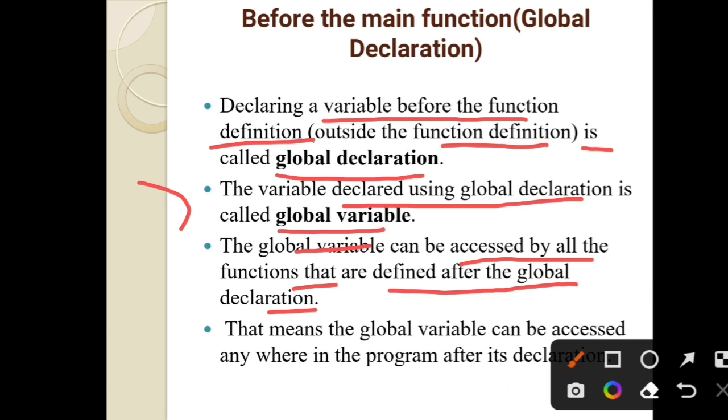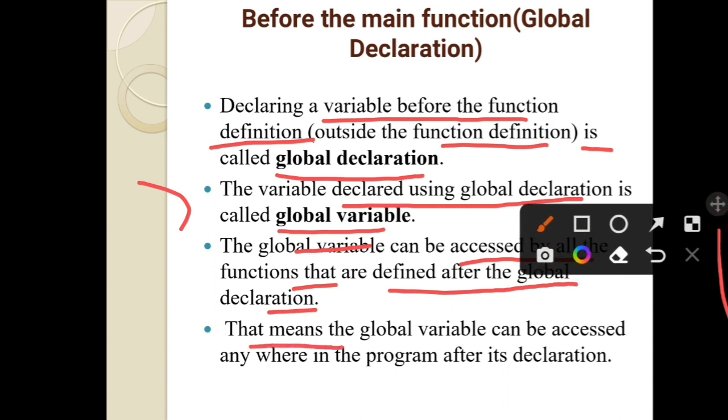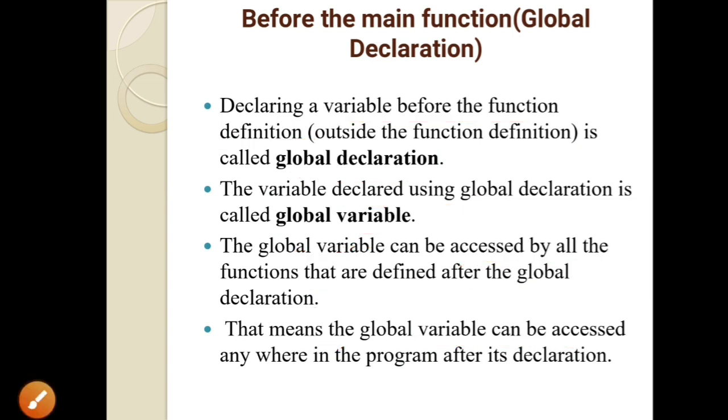Global variables can be accessed by all functions in one program, that means anywhere in the program after its declaration. So first we declare the variable, that is known as a global variable, and we can use that variable throughout the program. So that is global declaration.